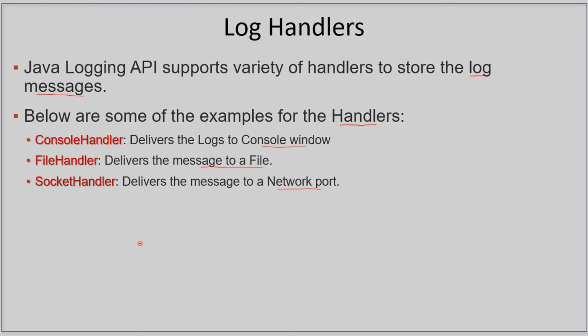That means, let's say this is the application delivering the message, and these are all the handlers, and let's assume that the middle one is the network handler, and it delivers to a dedicated system with a dedicated hard disk. So through the network port, let's say it is listening on port 1901.